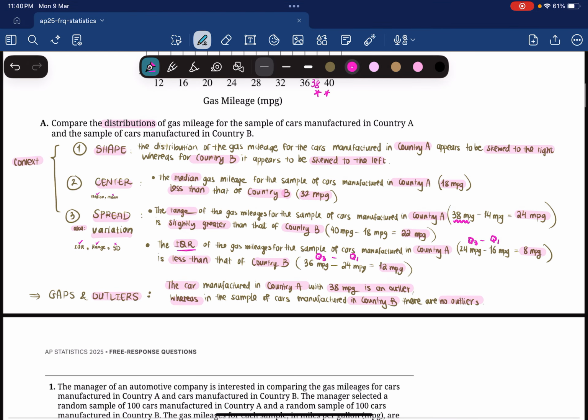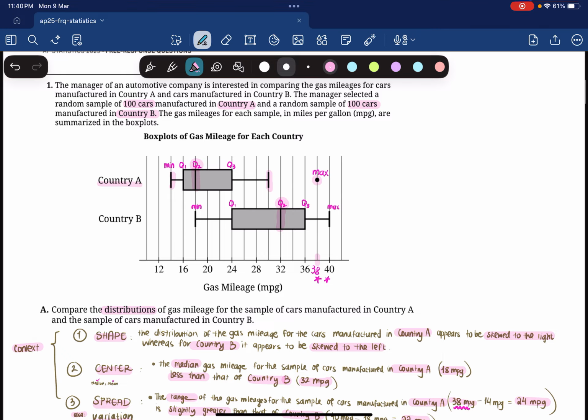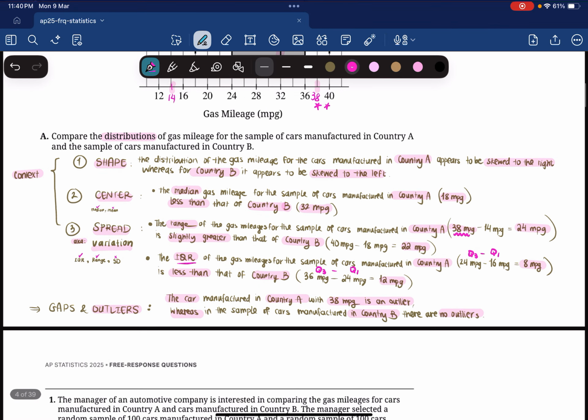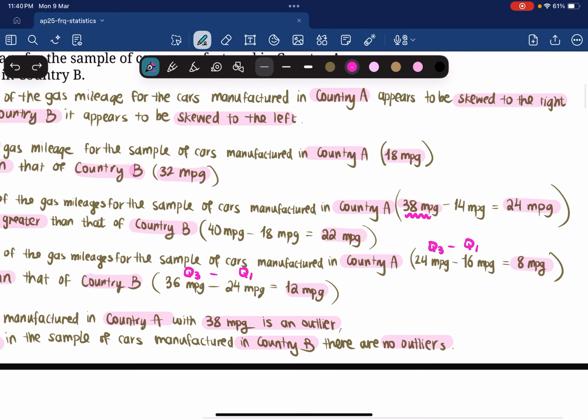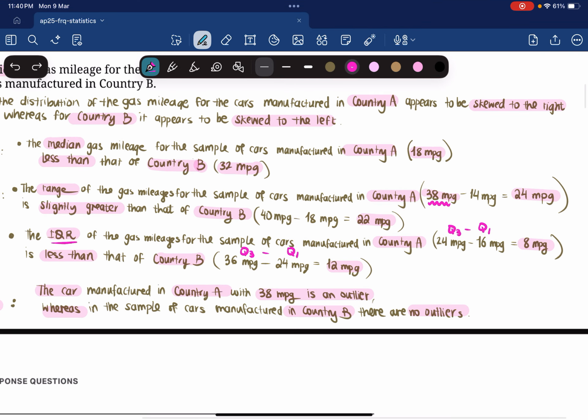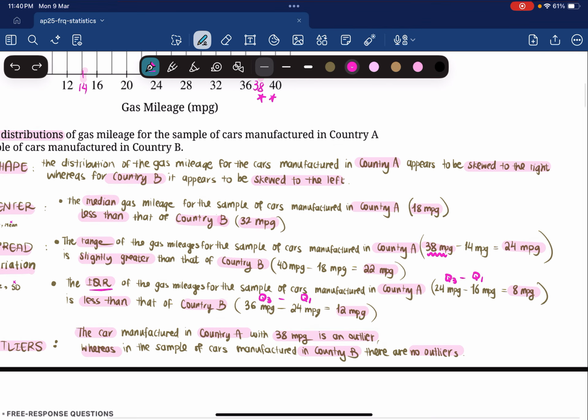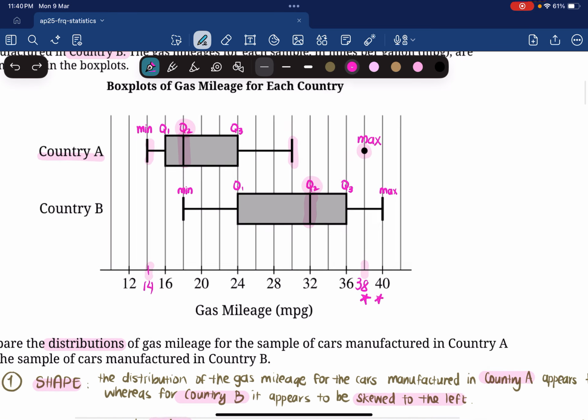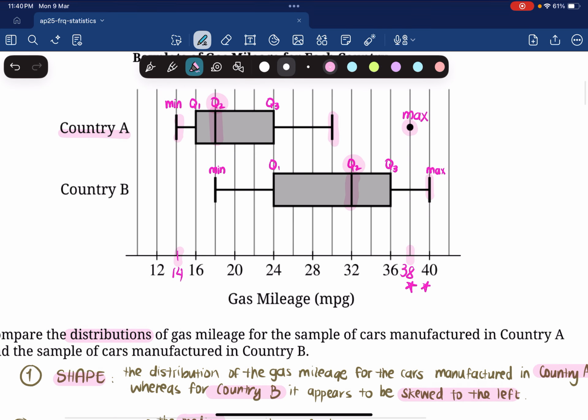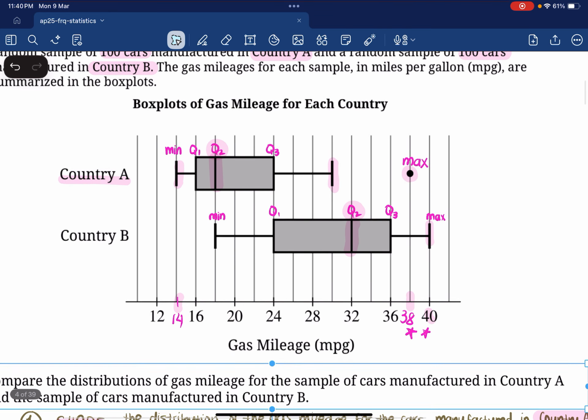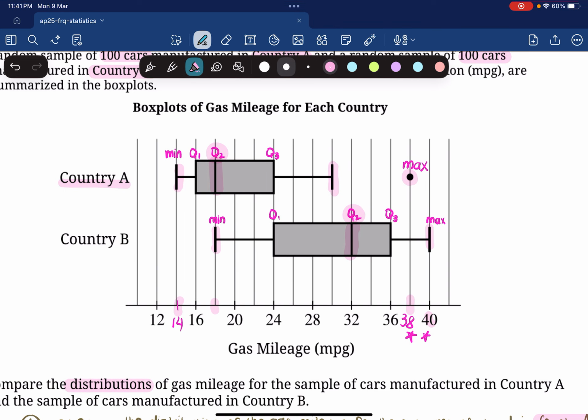So 38 for country A minus the minimum of country A, which is 14. This value here between 12 and 16, that's 14. So you're going to do 38 minus 14, and you're going to get 24 miles per gallon. And you calculate the range as well for country B. For country B, the maximum is 40, the minimum is 18.